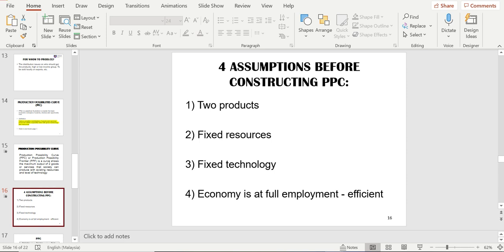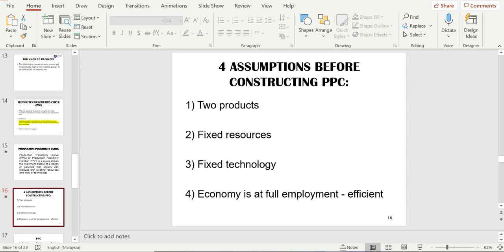So meaning that teori itu bukan satu je yang boleh mempengaruhi, ada banyak lagi faktor lain. So that's why untuk memudahkan you faham macam mana PPC itu terhasil dan mewakili economic teori, kita ada andaian, itu kita panggil sebagai assumption untuk teori tersebut.